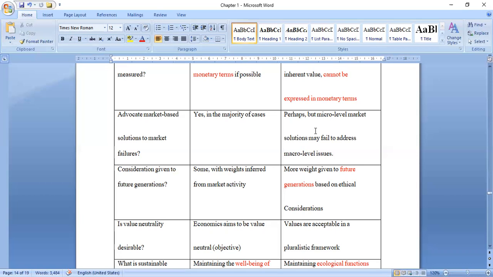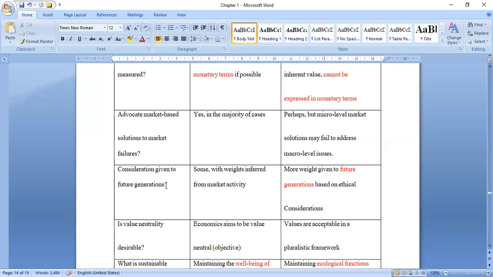And when it fails, it becomes a government failure, which is basically a macro failure. So ecological economists are not disputing the market-based solution, but they are saying that market-based solutions are just at the micro level. Market solutions are not at the macro level.